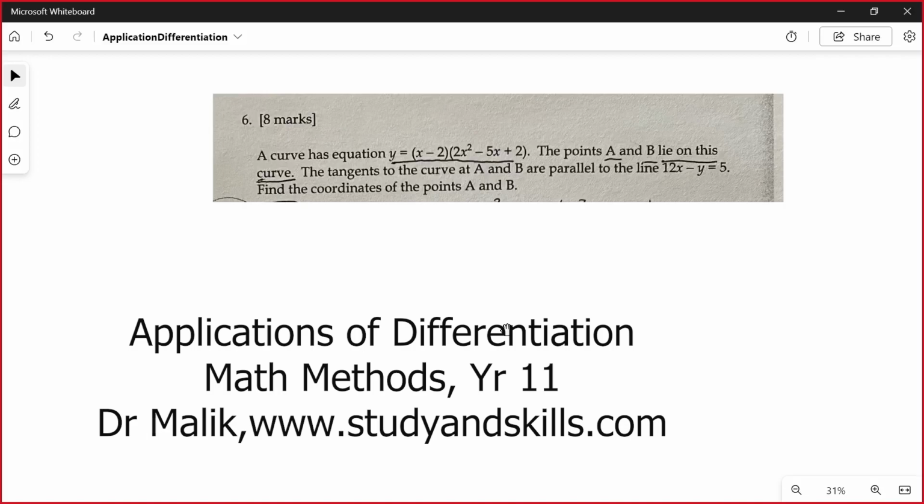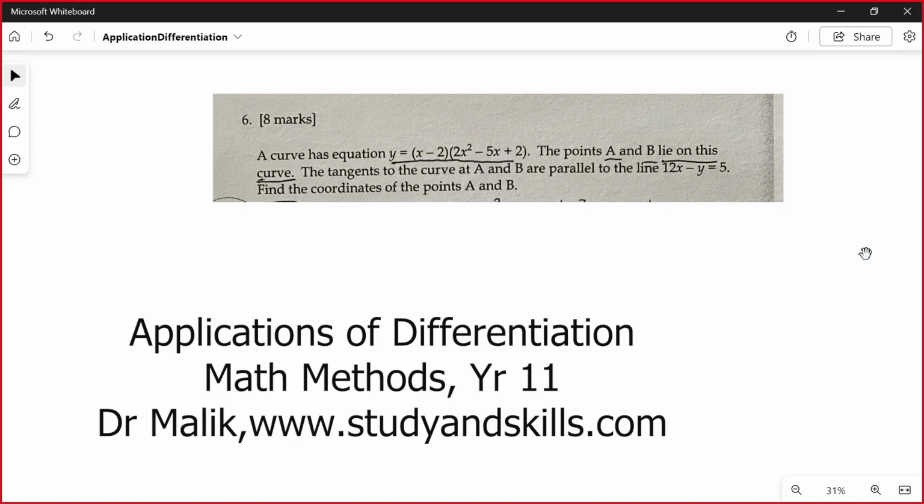So let's think about it. We have been given an equation of a curve, right? If I see this equation, what type is it: quadratic, cubic, or a linear equation?